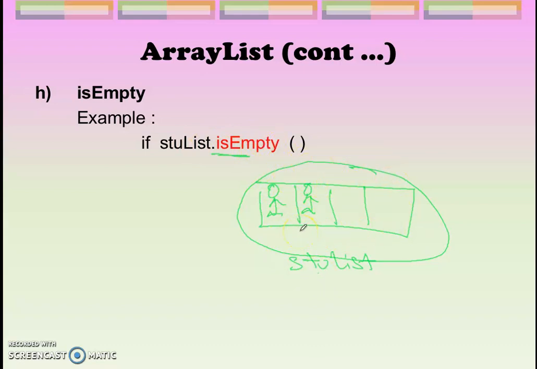Bila dia check, okay, so dia akan return false. Sebab apa? Sebab ada data. So kalau ada data, dia akan proceed lah. Apa yang kita akan buat condition lah kat situ, if else kan. Okay, so the thing is, bila kita akan guna, we want to check either our list ni kosong ataupun tidak.